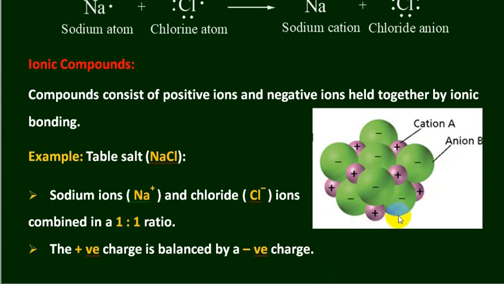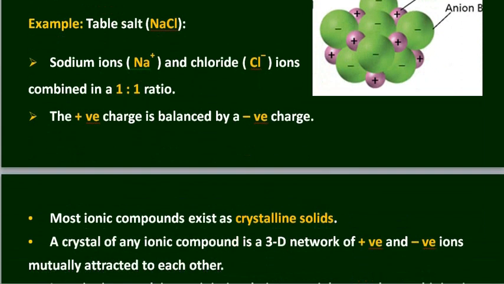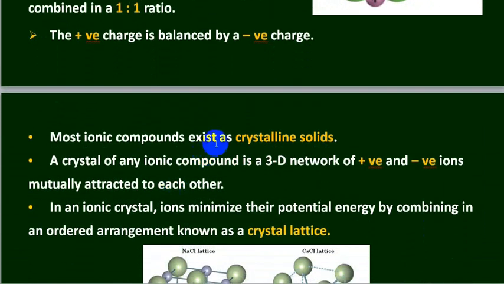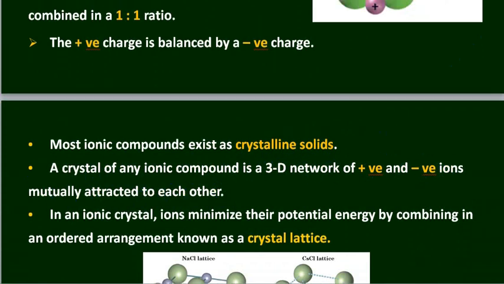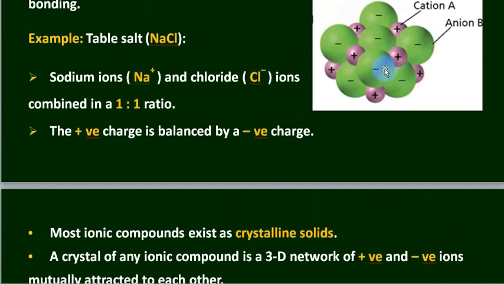This structure is called crystal lattice or lattice structure. Most ionic compounds exist as crystalline solids. The crystal of any ionic compound is a 3D network of positive and negative ions, mutually attracted to each other.